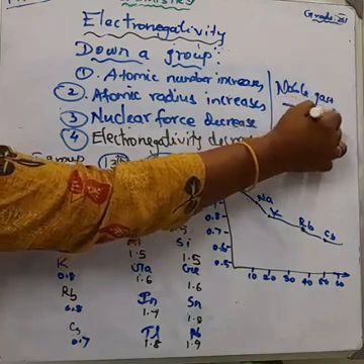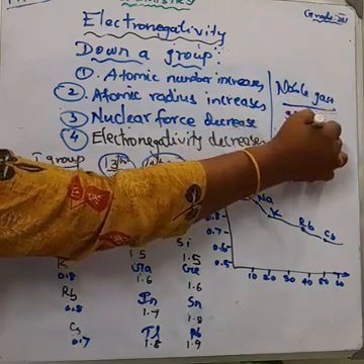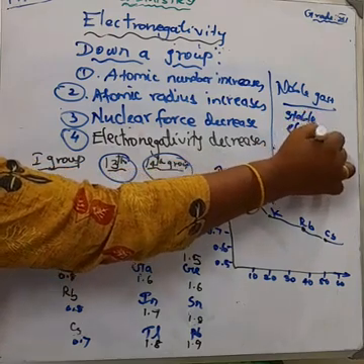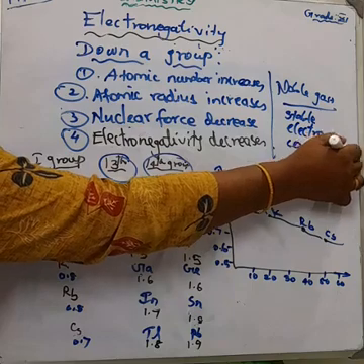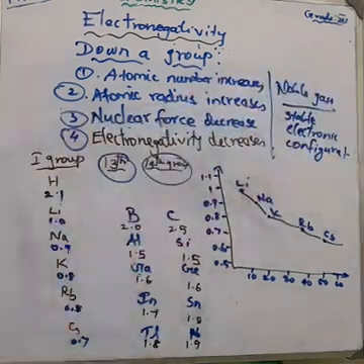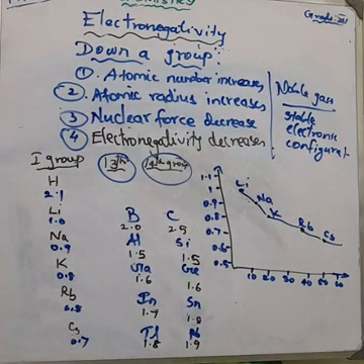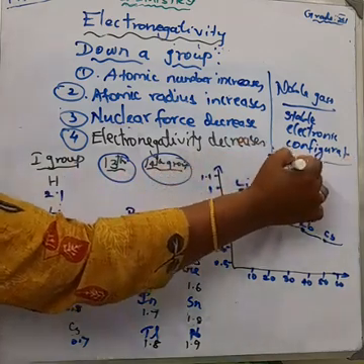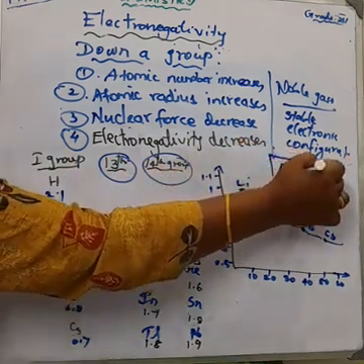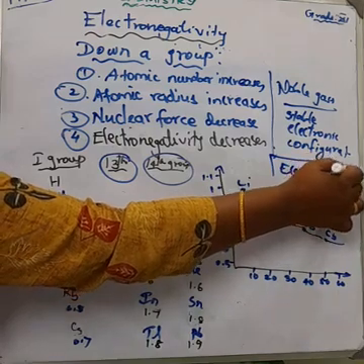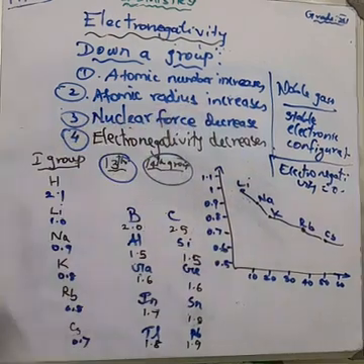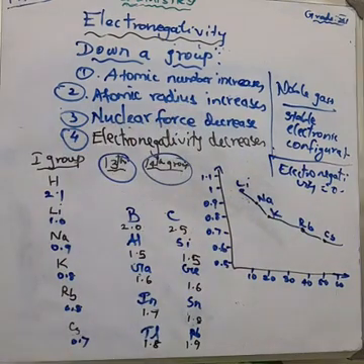Since they have a stable electronic configuration, they have no need to attract the shared pair of electrons towards themselves. So they can exist in a free state, with no ionization energy, no electron affinity value and no electronegativity value. The electronegativity value will be zero for the noble gases only, the 18th group elements. For the noble gases, the electronegativity value is 0.